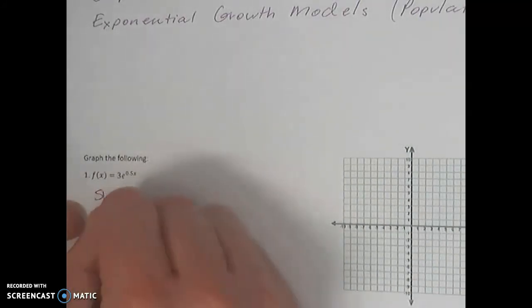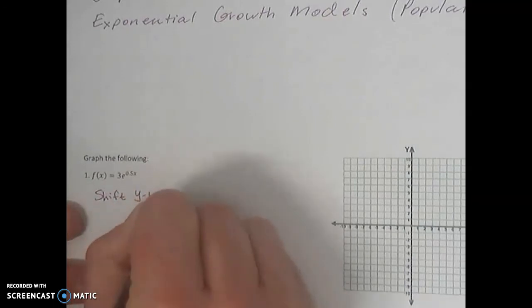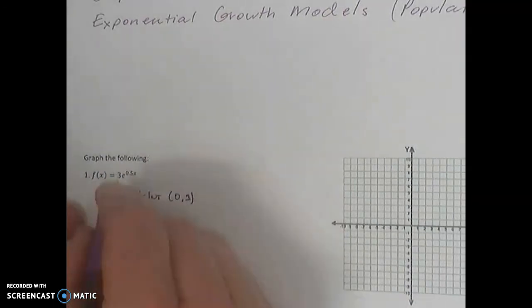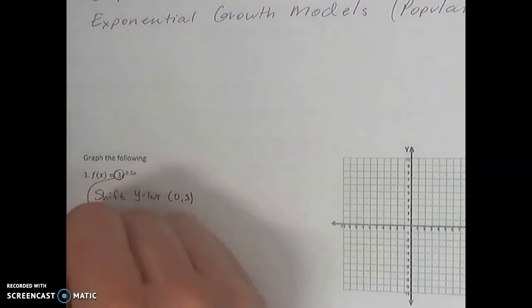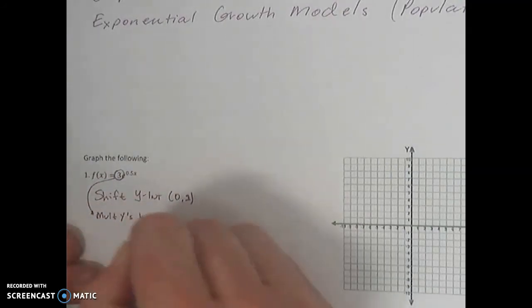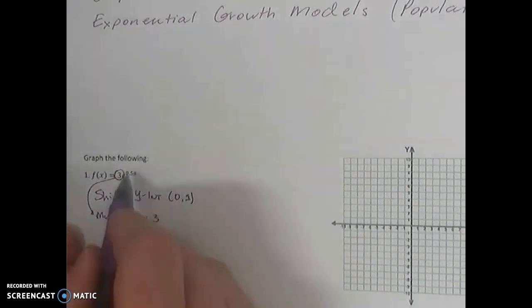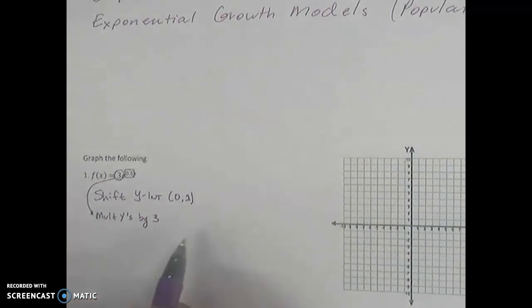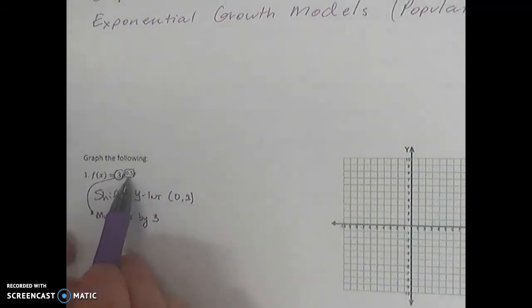We're going to shift that parent y-intercept of 0, 1. What will affect it? We're going to multiply the y's by 3. This horizontal stretch of 0.5 wouldn't affect this. Technically, we would divide the x-coordinate by 0.5.